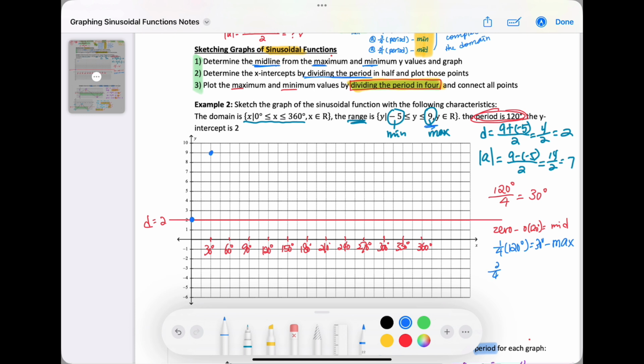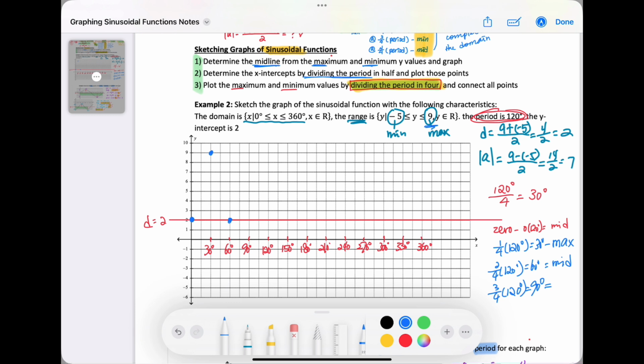And what happens at 120 divided by 2? That will be 60, and I'm back to my midline. And what do you know about 3/4 of the 120, which is 90?